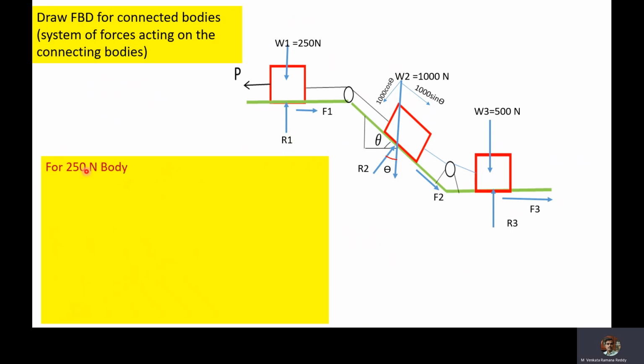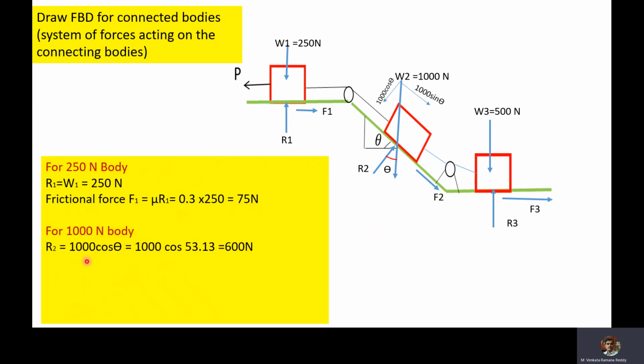Now for the 250 Newton body, R1 is equal to W1, which is equal to 250 Newtons. Then F1 is equal to mu into R1, which is 0.3 into 250, that is 75 Newtons. For the 1000 Newton body, R2 is equal to 1000 cos theta, which is cos 53.13 into 1000, equal to 600 Newton.